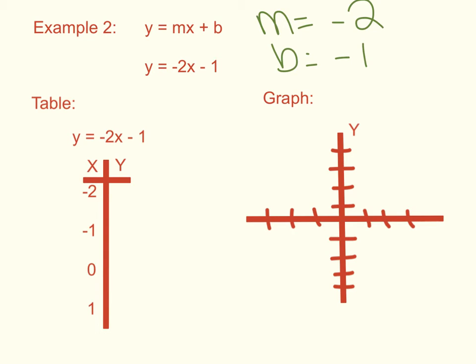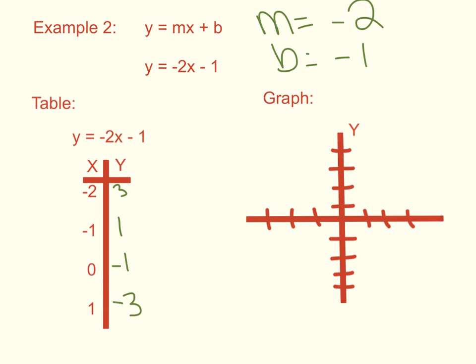Looking at the table, let's plug in our x values so we can find our y values. -2 times -2 minus 1 is a positive 3. -2 times -1 minus 1 is a positive 1. -2 times 0 minus 1 is -1. And -2 times positive 1 minus 1 is a -3.